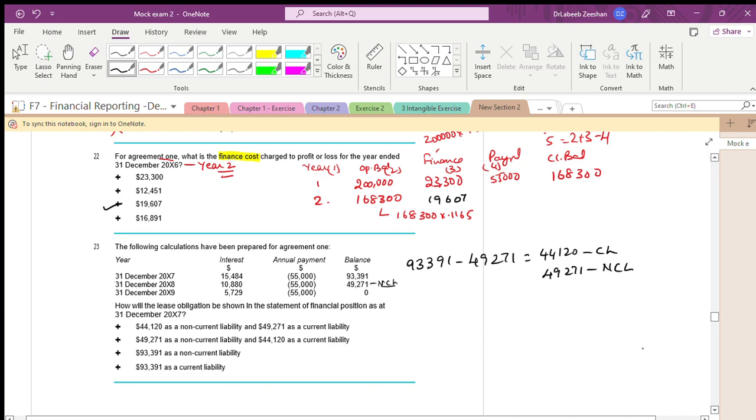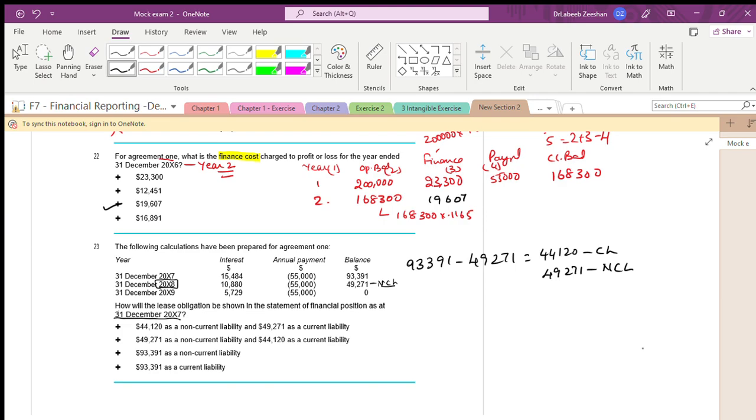How will it be 49? Because they went for 2007. Which year is it? 2008. 2007. Is it right? At the end of 2007, is it?